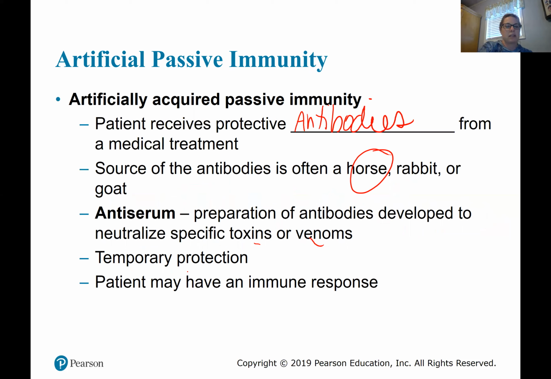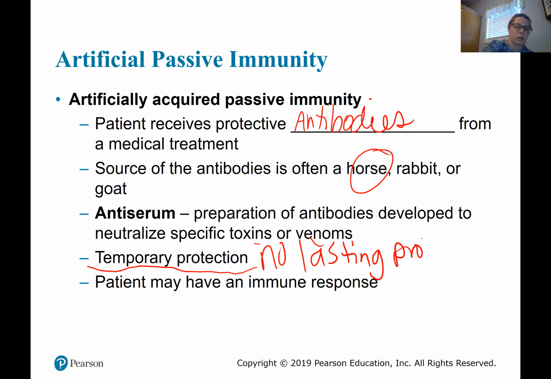It provides temporary protection, no lasting protection. If you get bit by a rattlesnake a second time, 6 months, a year later, you'll still have to go back because your body didn't build up the immunity.